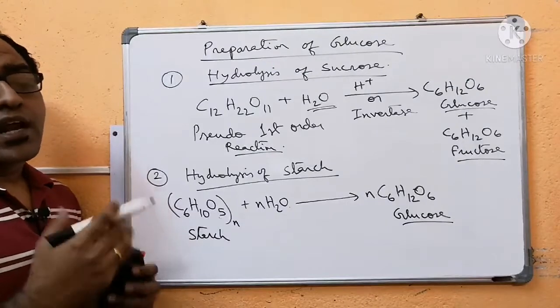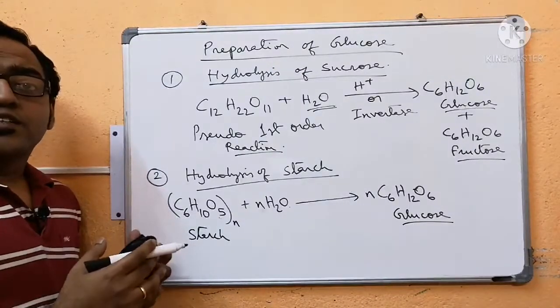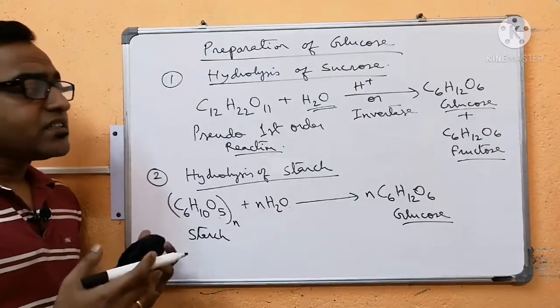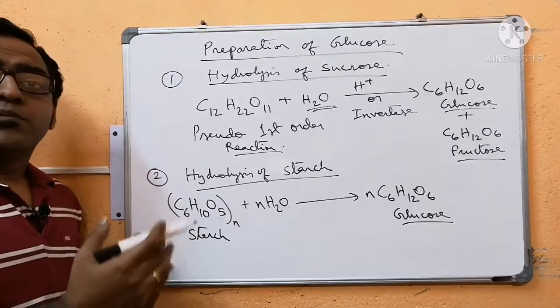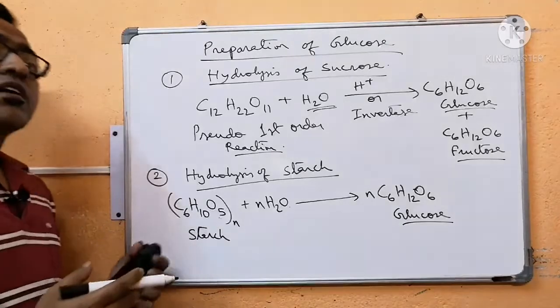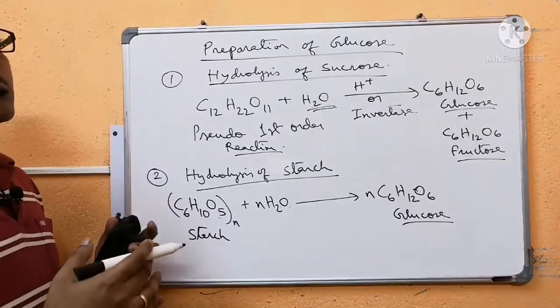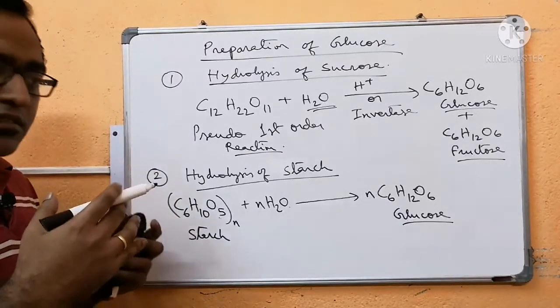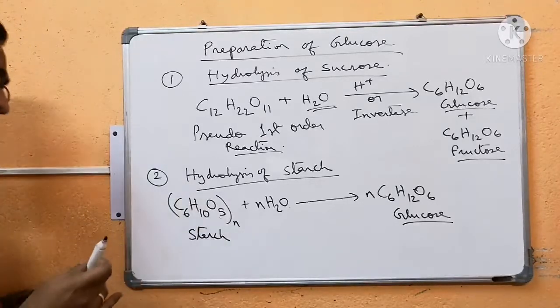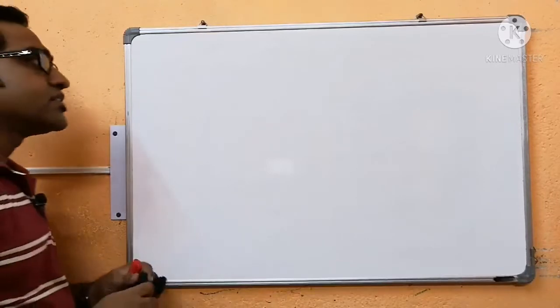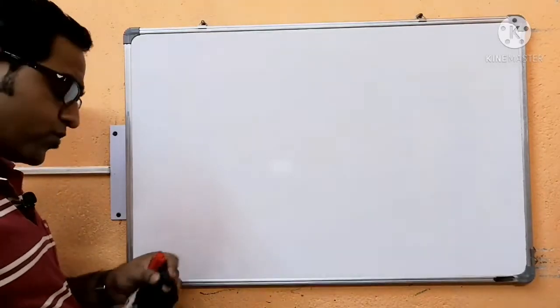But at that time these techniques were not available, and scientists deduced the structure on the basis of chemical reactions. So we'll learn how they deduced the structure of glucose from chemical reactions. So next is structural elucidation of glucose.